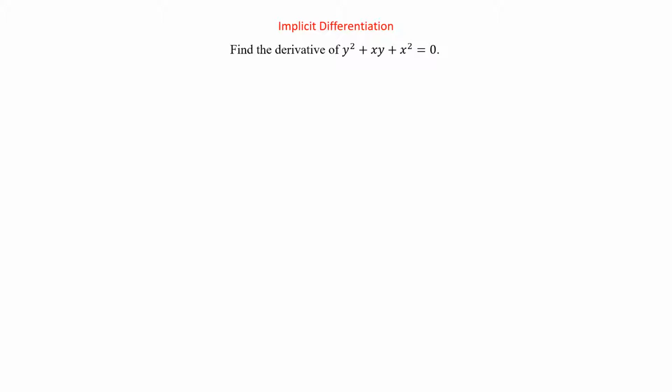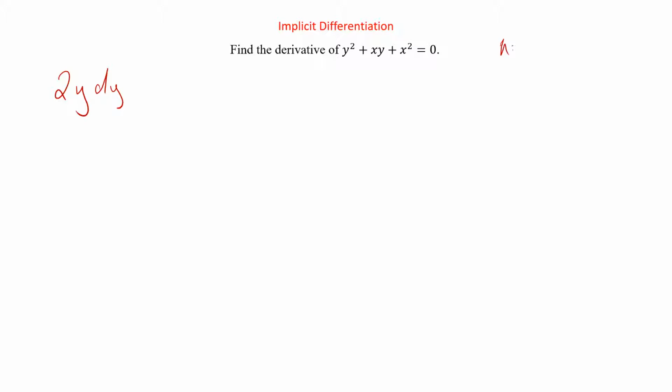And so, in order to do implicit differentiation, we are going to take the derivative of everything with each variable. So to find the derivatives here, we're going to start out with y squared. The derivative of y squared is going to be 2y times the derivative of y. It's the chain rule. The derivative of y is just dy, plus xy. Xy is going to be a product rule issue.